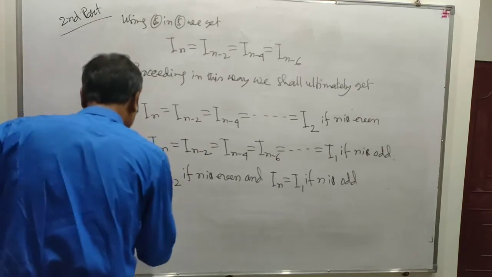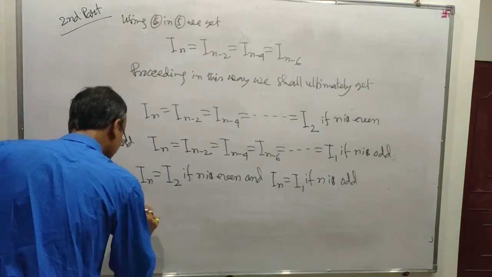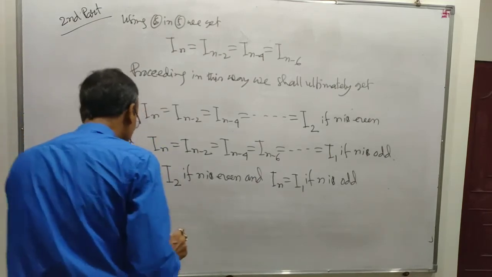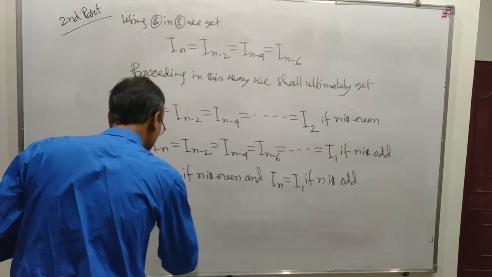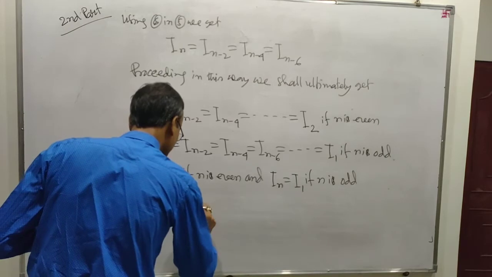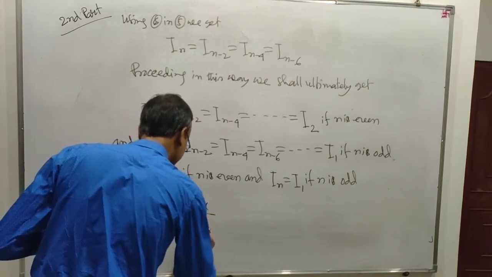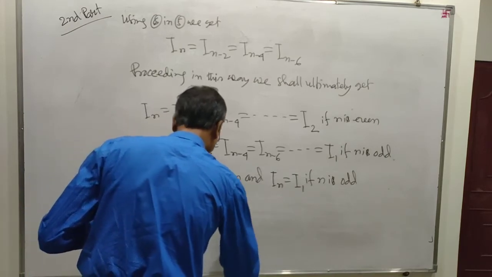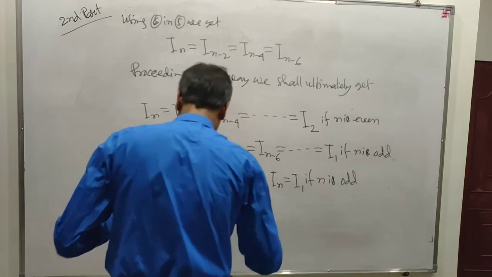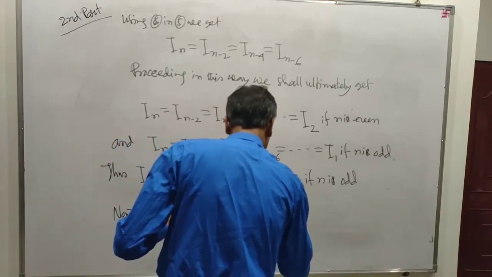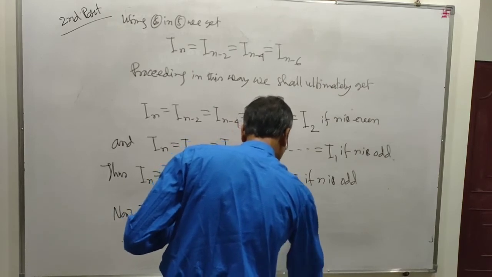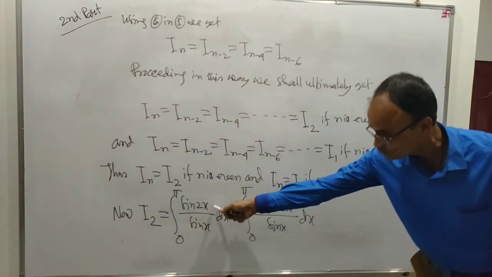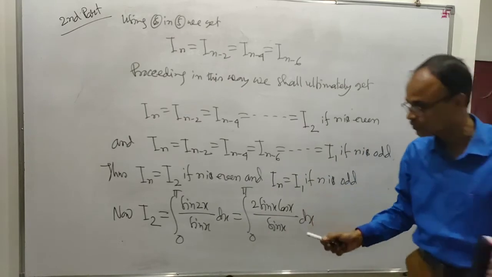Now, I_2 equals the integration from 0 to pi of sin 2x divided by sin x. It will be the integral from 0 to pi of 2 times sin x into cos x divided by sin x dx. You see, sin 2x equals 2 sin x cos x.